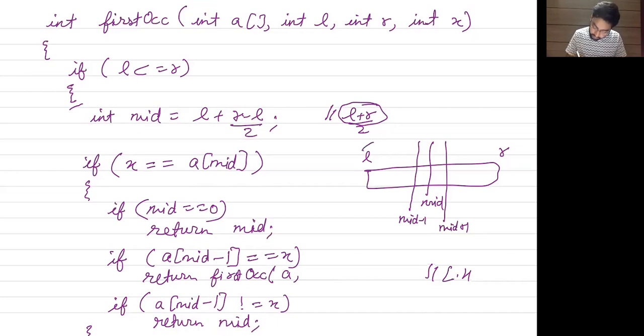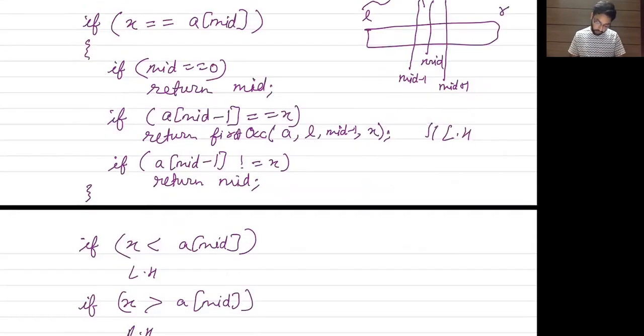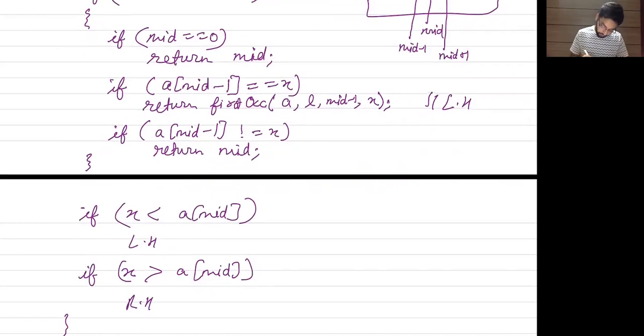So if the solution lies in the left half, then the subarray can be denoted by L comma mid -1. The element to be searched is x only. And in this case, it can be written as return firstOccurrence.